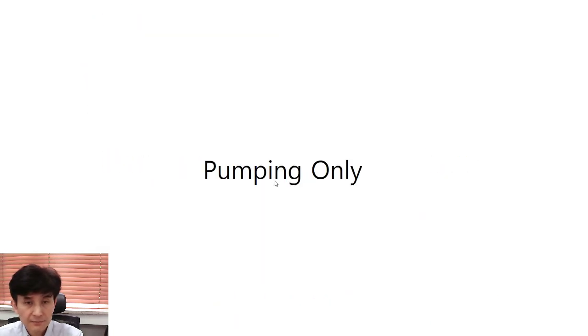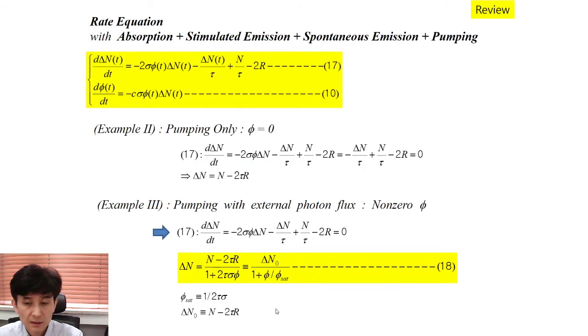Those are the graphical interpretation of equation 18. By increasing the photon number of the external photon flux, we see that the population inversion is decreased by this factor.